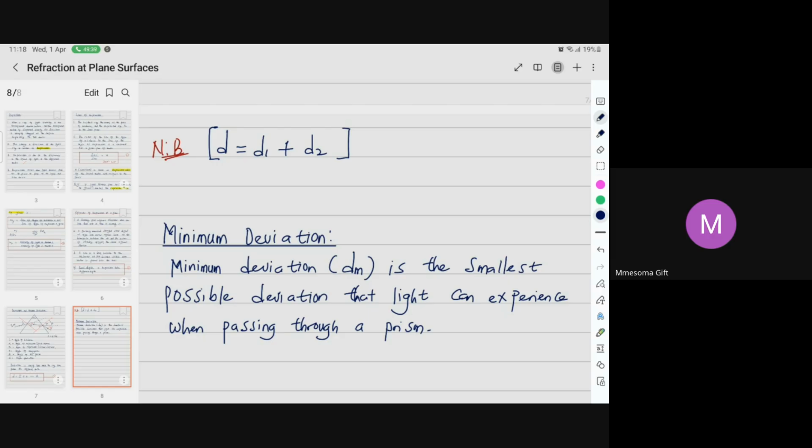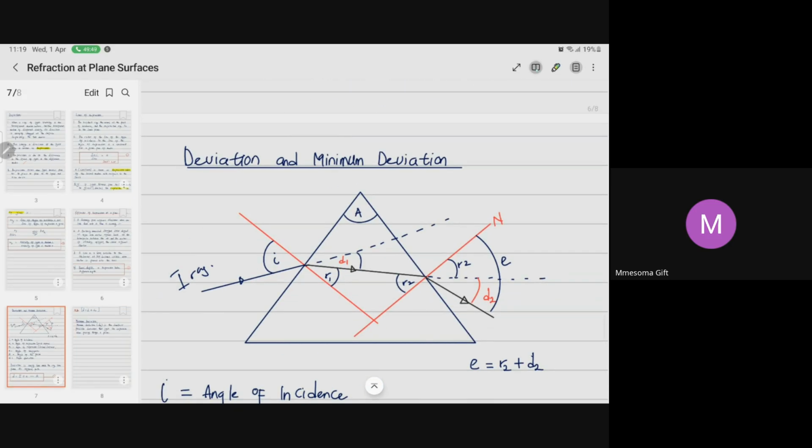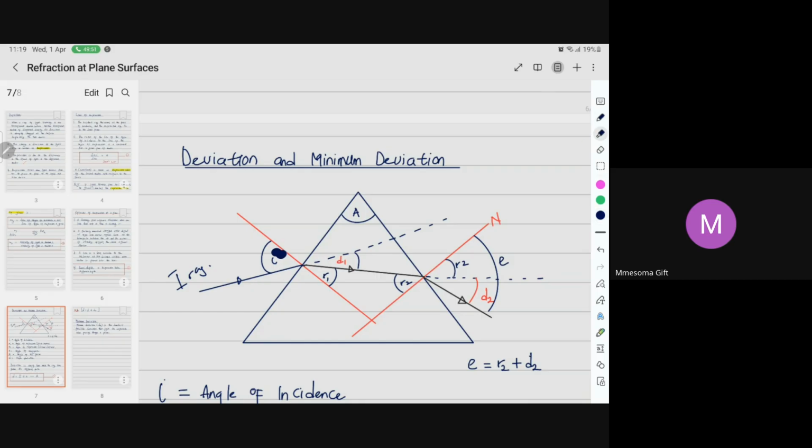At minimum deviation, the light ray passes symmetrically through the prism. Do you know what that simply means? It simply means that at that point, the angle of incidence is equal to the angle of emergence, and that is when we say that minimum deviation has occurred. And that is what we mean that the light passes symmetrically through the prism.